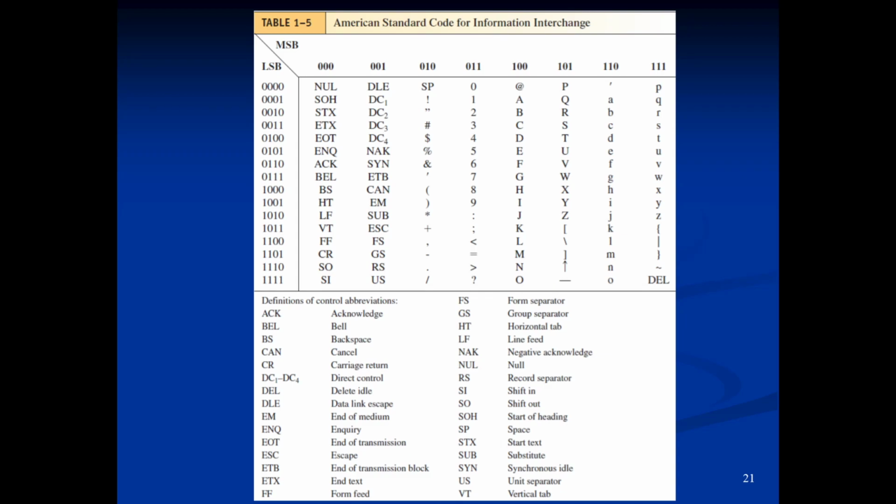And then you'll also notice all of those abbreviations at the bottom. They're basically just control characters. You have things like, let's see, what's a common one? We have LF and CR.